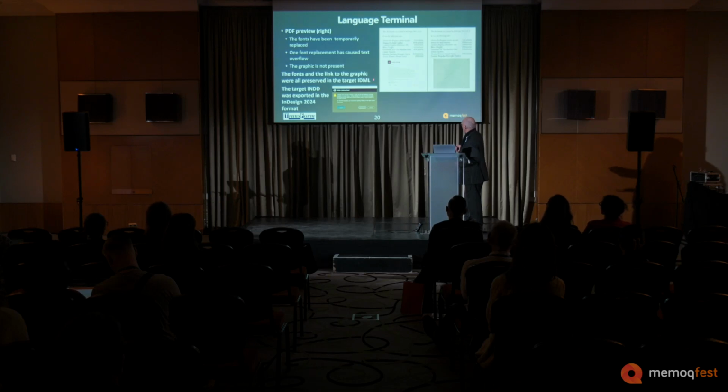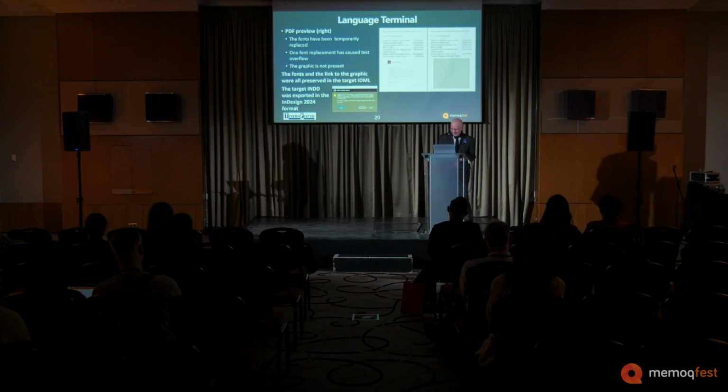You've got the fonts and the links to the graphic all correctly preserved in the target. This is actually the target document, and it was exported in 2024, 19.3, although the document originated in 2023.